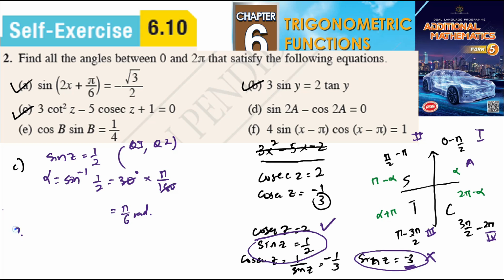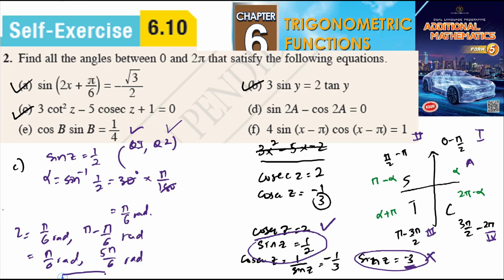So here our z is equal to, for the first quadrant, pi over 6 radian, right? And for the second quadrant it is pi minus the reference angle, so pi minus pi over 6, or 1 minus 1 over 6, we get 5 pi over 6 radian.